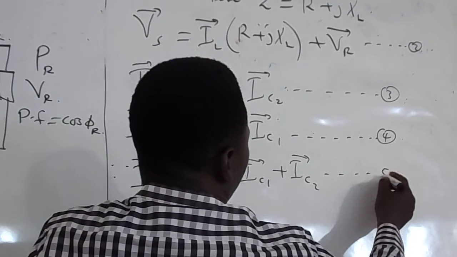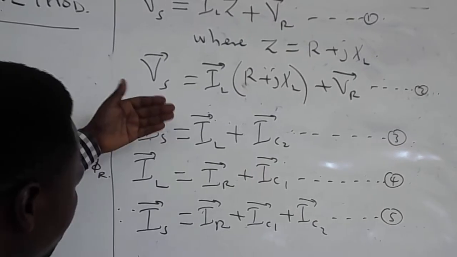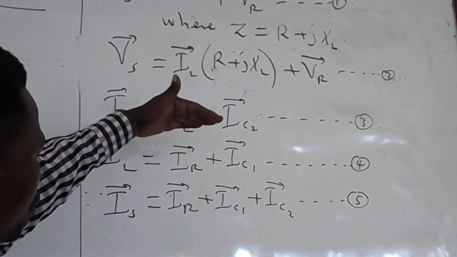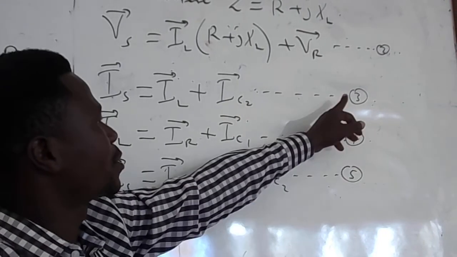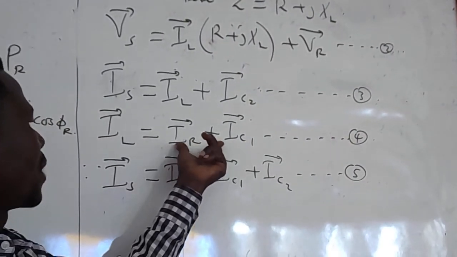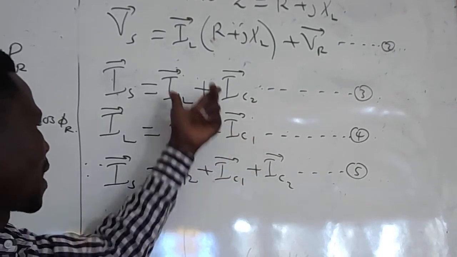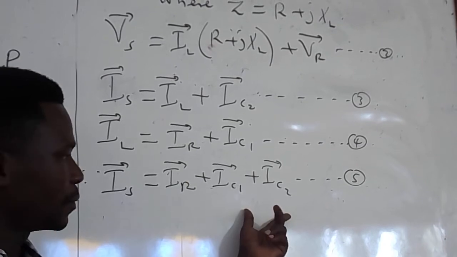That is equation 5. This one is evidenced from equation 3, by substituting equation 4 into equation 3, whereby IL is replaced with IR plus IC1. And that gives us the expression in equation 5.